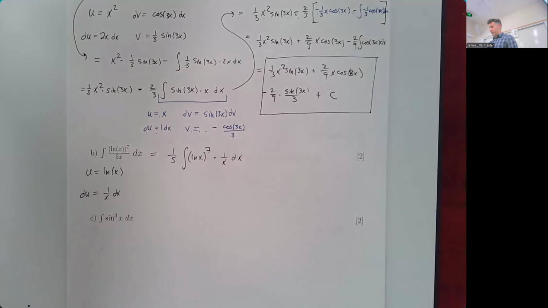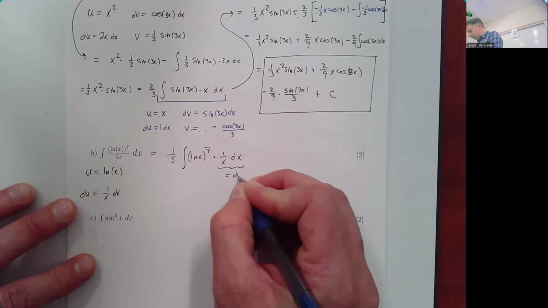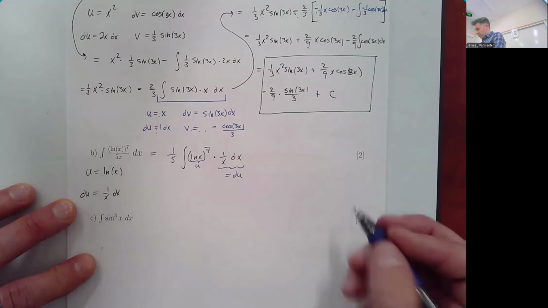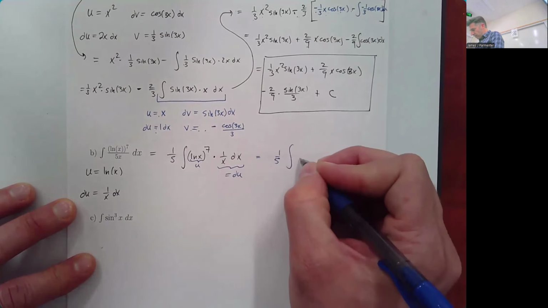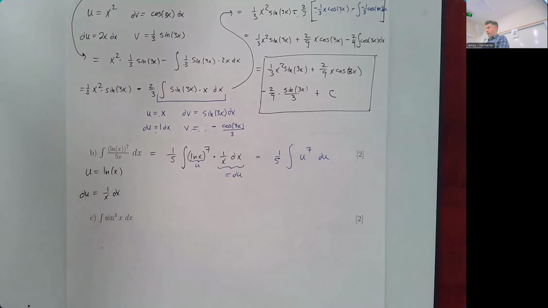Because then it's really obvious to me that the 1 over x times dx is my du, and the natural log of x to the 7th is going to be a u to the 7th. So I'm going to have 1/5 the integral of u to the 7th du, which is a straightforward anti-power rule.